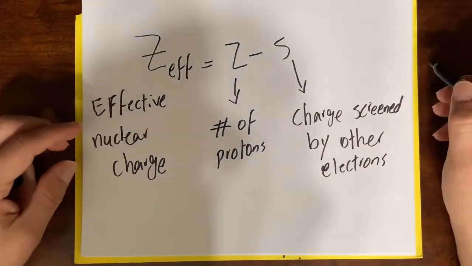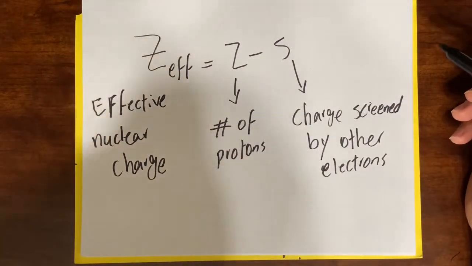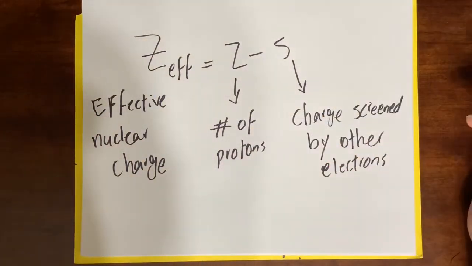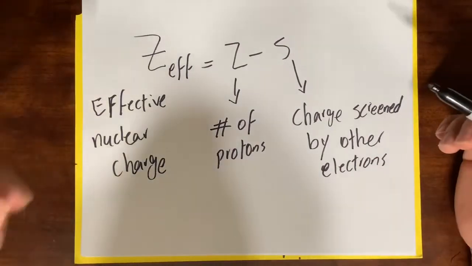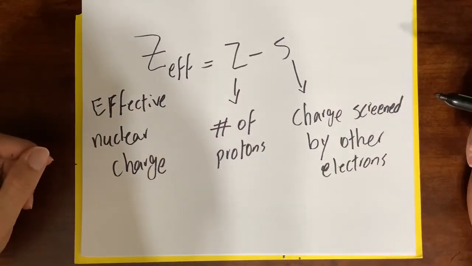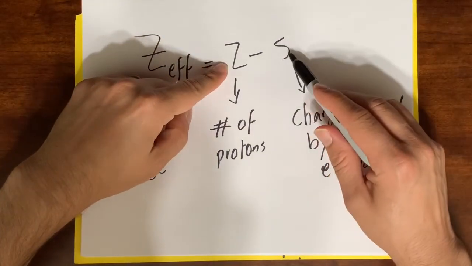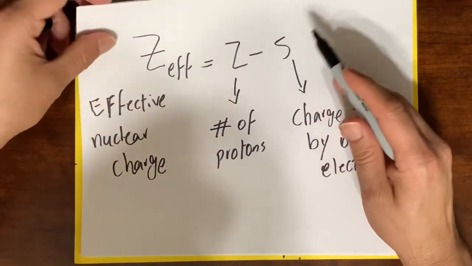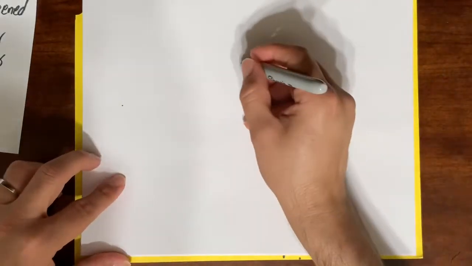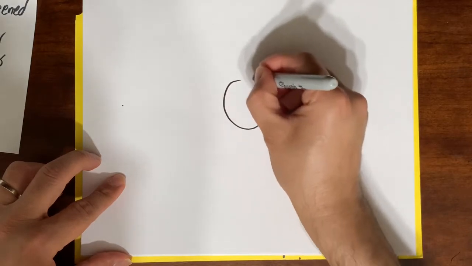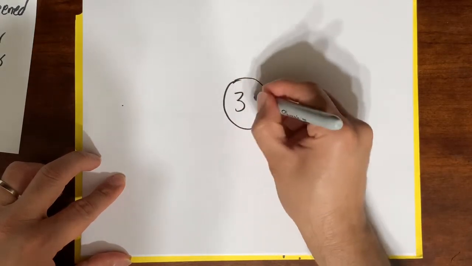So I need to talk about this one. The effective nuclear charge, or the charge that one electron will feel, is equal to the number of protons inside the nucleus minus shielding electrons. For example, let's say you're talking about this nucleus that has 3 protons.